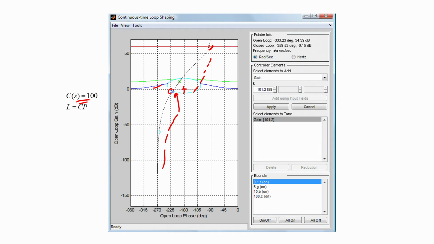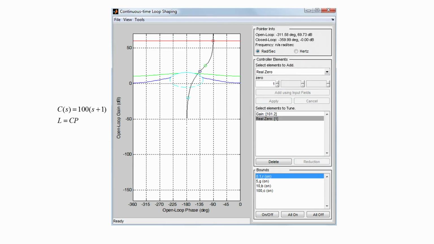So the first thing that we do is to ensure stability, and to do that we try to move the entire Nichols plot of the loop gain to the right. We know that since a 0 adds phase lead, we choose a 0 for the controller, and that will shift the entire Nichols plot to the right.